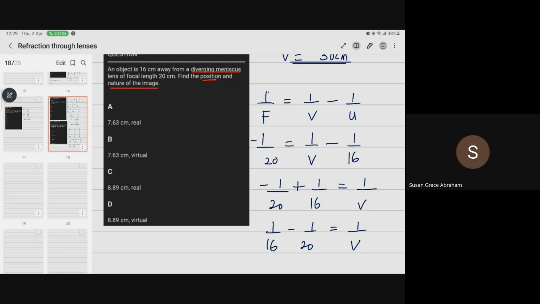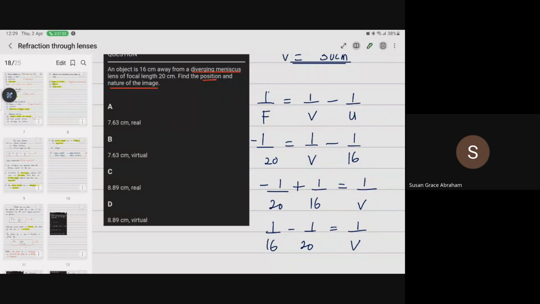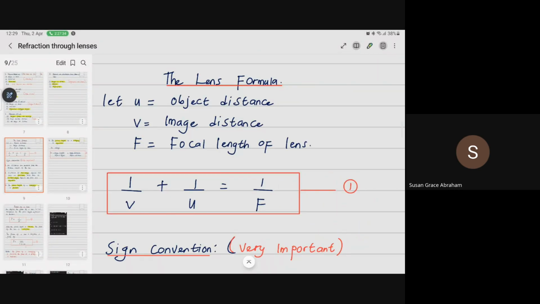I think there's a specific concept I might be missing out. So an object is 16 meters away from a diverging lens of focal length 20 centimeters. Diverging lenses are known to be negative. 1 over v, 1 over u. Wait, am I using the wrong sign? This should be a plus sign, isn't it?